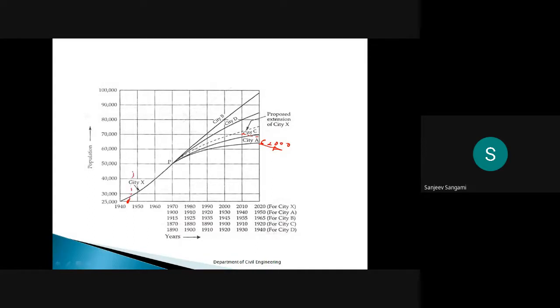If you plot that, again it will be for the population. If you draw it, assume that it is reaching for city B. Of course, here also it will be 62,000.